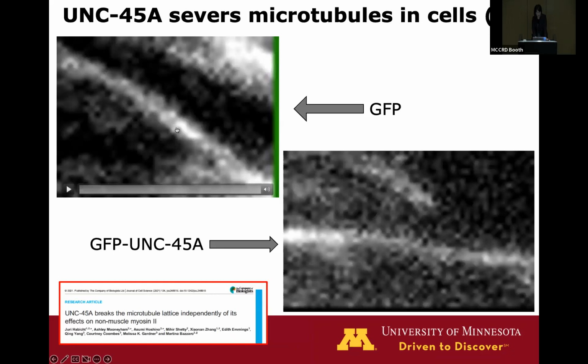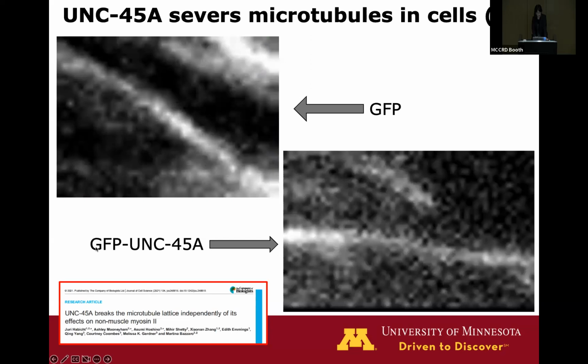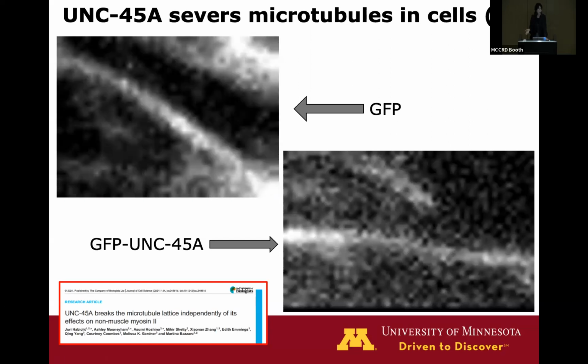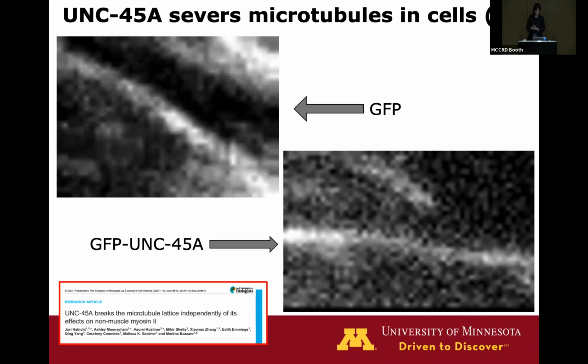To the left, top left is the behavior of this particular microtubule in GFP overexpressing cells. You will see that over time that microtubule moves around but doesn't break, stays the same, right? And it doesn't grow and shrink because we are not looking at the tip, we are looking at the body of that microtubule.